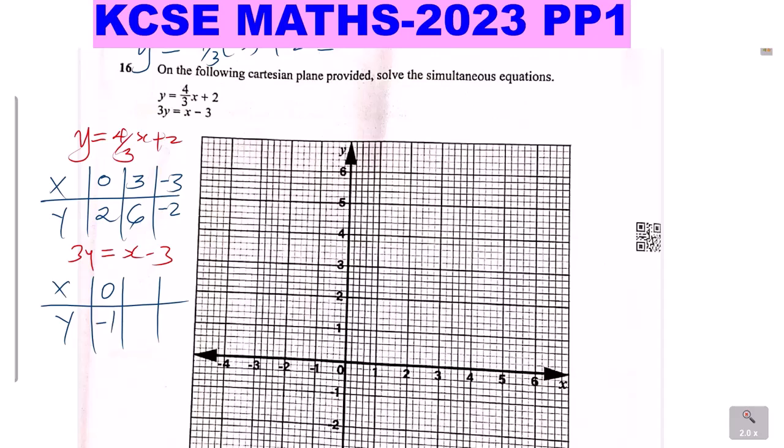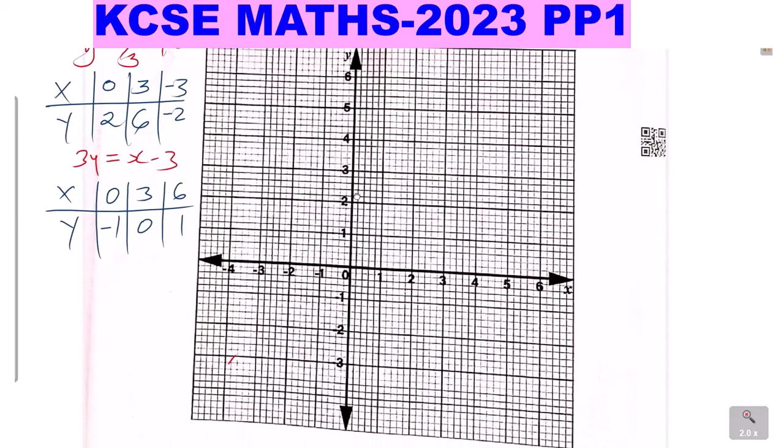Then I'm looking for values that will not give me fractions or decimals. So 3 is okay. When x is 3, y is 0. Then the other one you can choose is when x is 6, then y will be 1. So that is all. Now you have the values that you're going to use to plot.